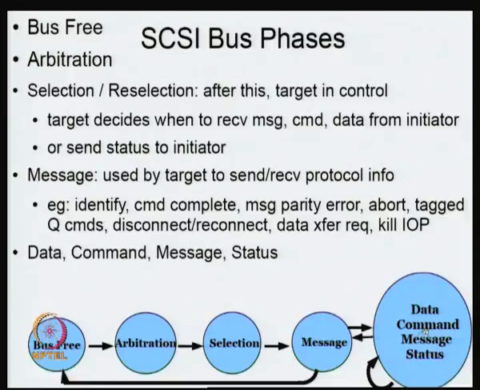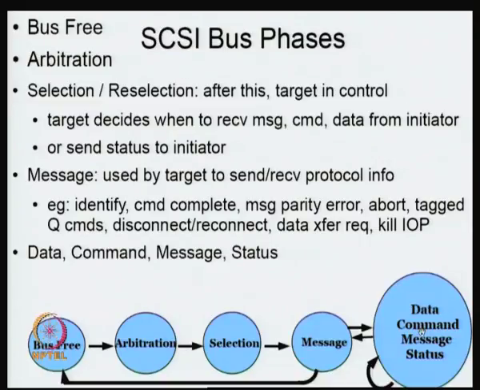And sometimes it turns out the initiator has to send some critical information to the target. Again, there is an interesting model here. The initiator gives something like an interrupt, which is called attention.